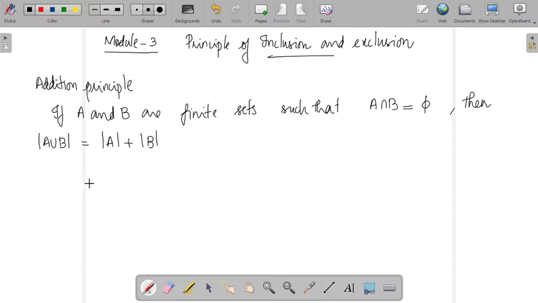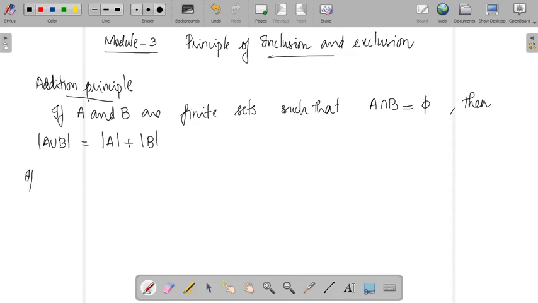So if you have finite sets such that they have an empty intersection, so A intersection B is equal to phi, then cardinality of A union B is given by cardinality of A plus cardinality of B. And now this is the addition principle. Now we will look at the case when A intersection B is not equal to phi.